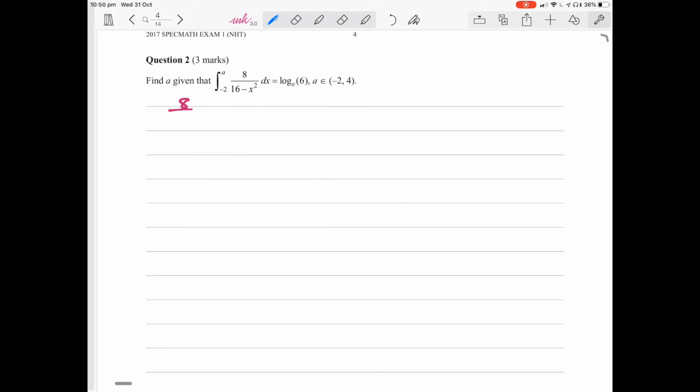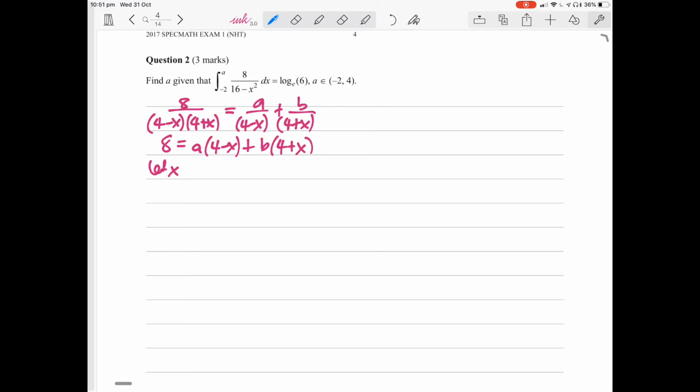So 8 on 4 minus x, 4 plus x, is A on 4 minus x plus B on 4 plus x. So 8 equals A(4 minus x) plus B(4 plus x).